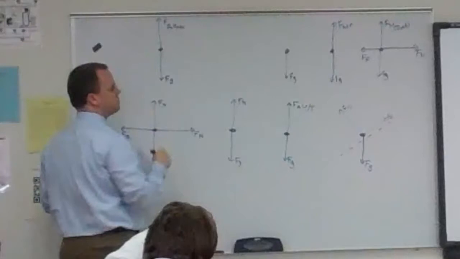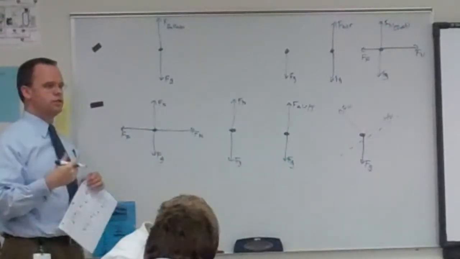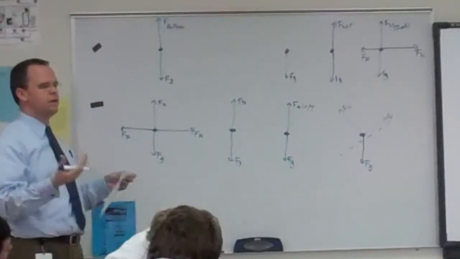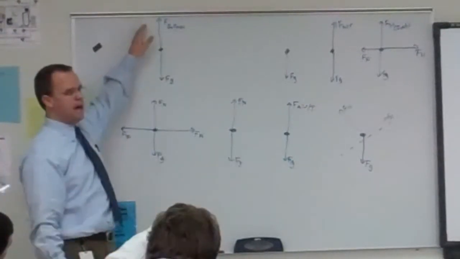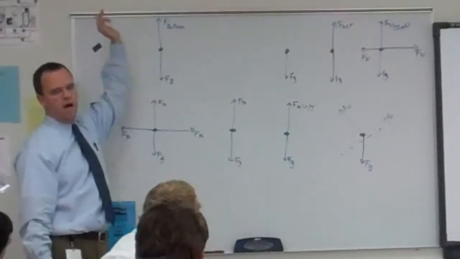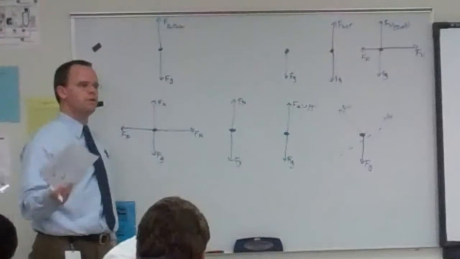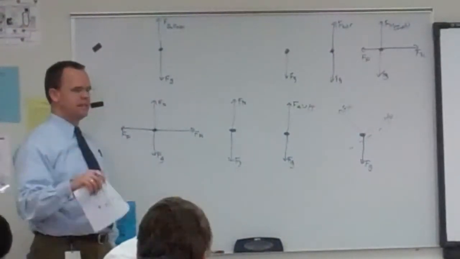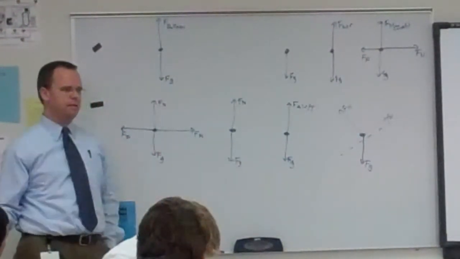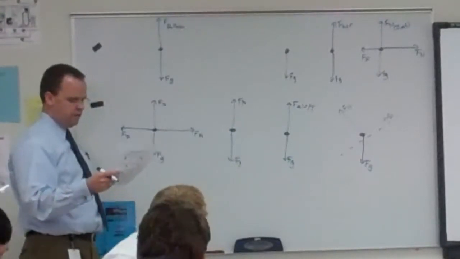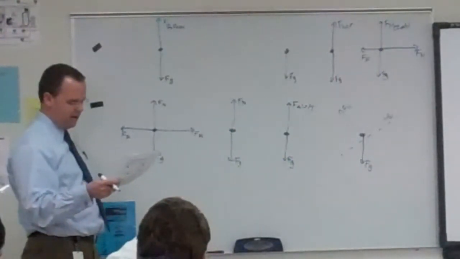I wouldn't call it air resistance. Air resistance is trying to keep it from moving, so it's always going in the opposite direction. The balloon's pushing up in the direction it's going. It's due to the density difference of the air inside and outside the balloon. We don't have a specific name for that one that we've gone over.